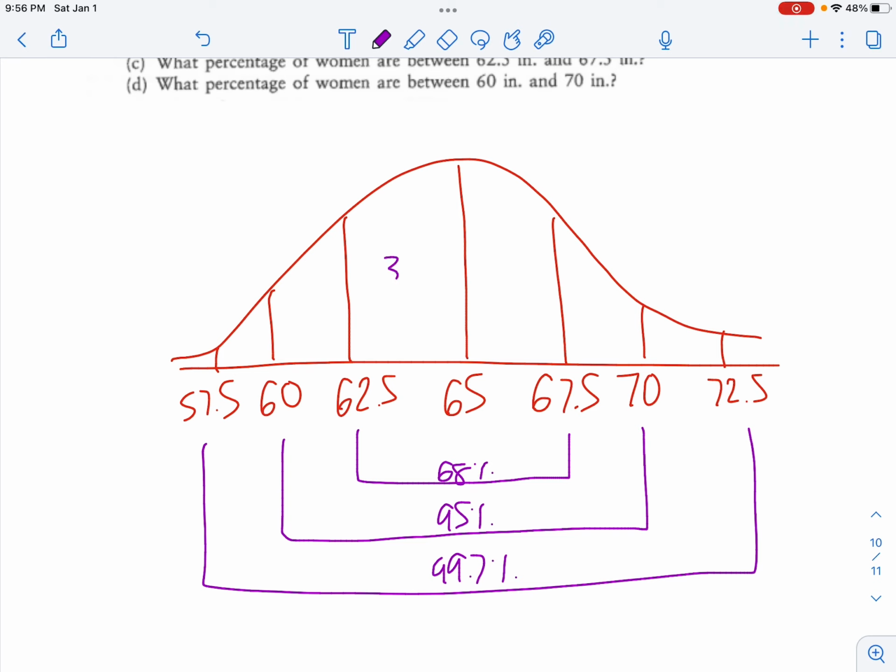Which is going to break us down into 34 and 34, 13.5 and 13.5, 2.35 and 2.35, and then 0.15 and 0.15. These percentages never change. These are always the percentages throughout this whole unit and chapter.